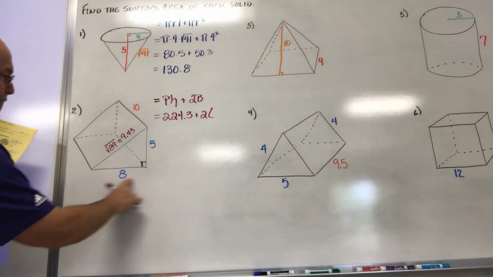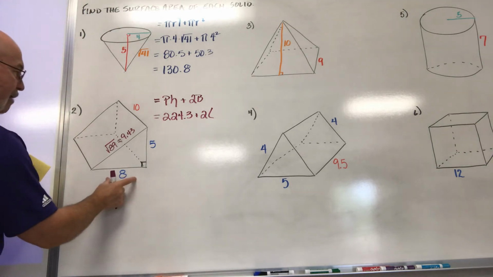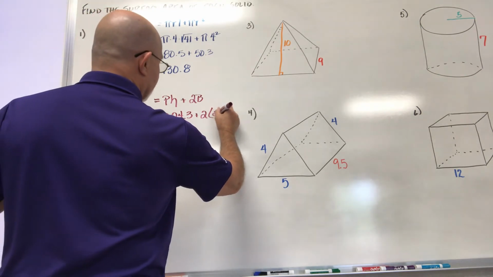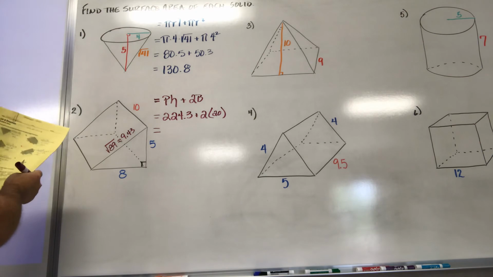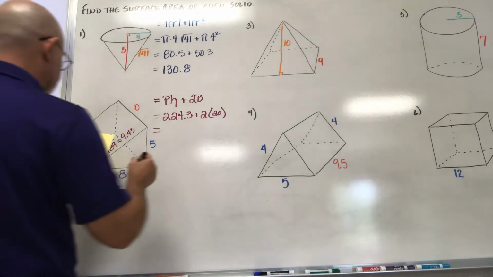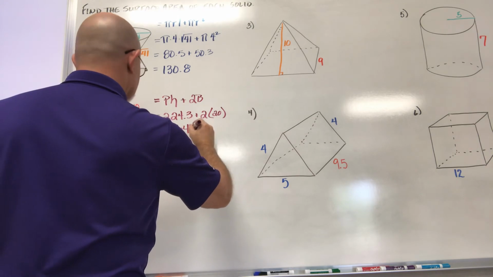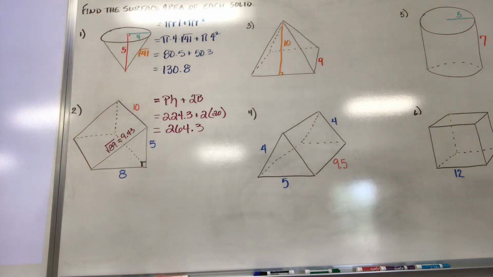Triangle, base, height: 1/2 times base times height is 20. And there's two of them. Once again, time for the calculator.